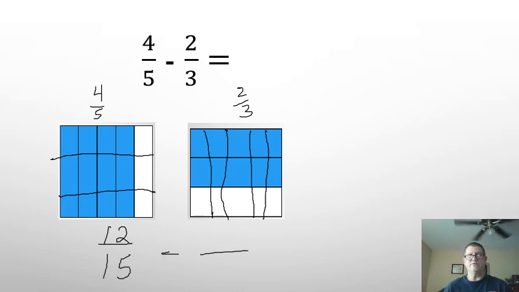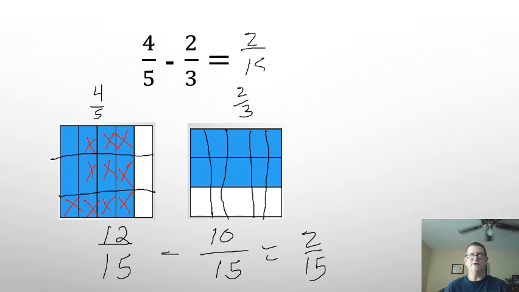On the next one, we have 2 by 5, so we know there's 10 shaded here out of 15. Now we're subtracting 10/15 from 12/15, so here's 1, 2, 3, 4, 5, 6, 7, 8, 9, and 10. So now we can see that we had 2 15ths remaining. So we know 4/5 minus 2/3 is 2 15ths.